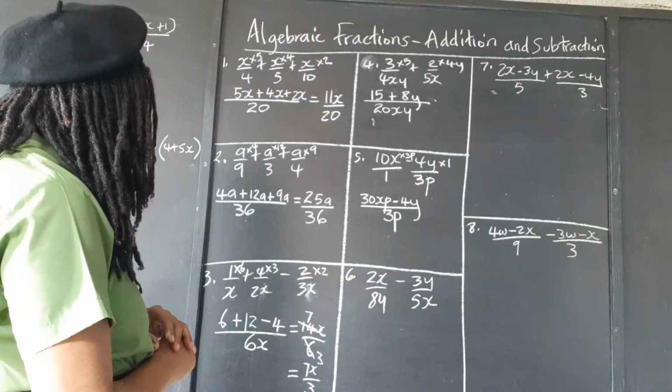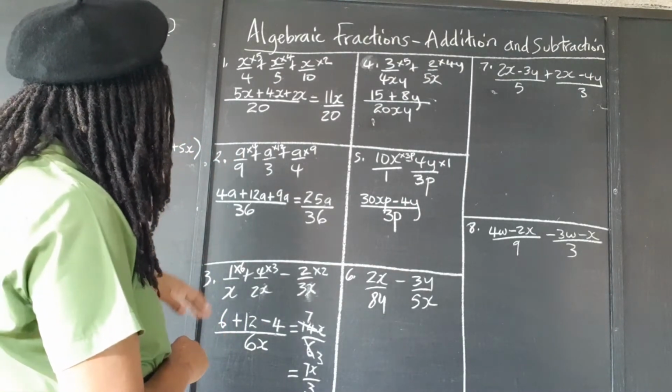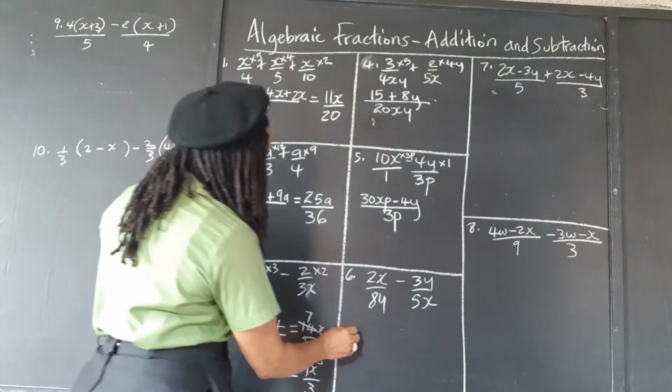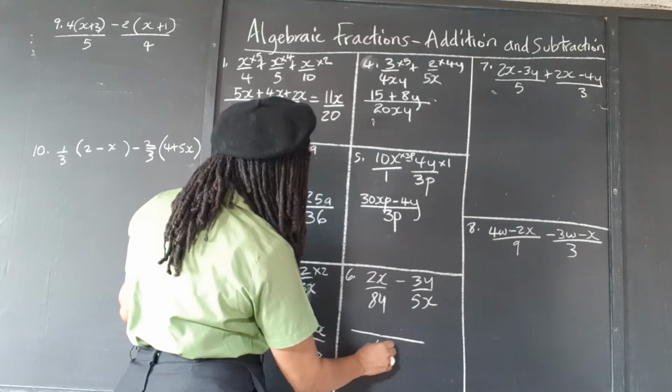Alright, in the denominator now we have 8y and 5x, so the LCM would be 40xy.